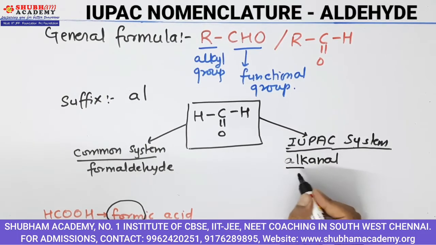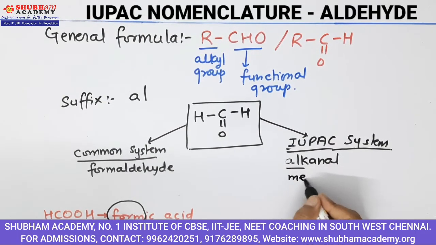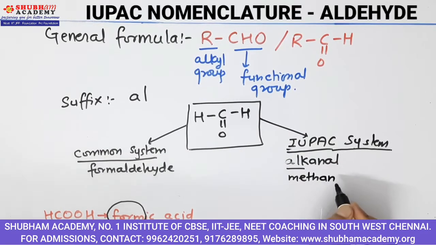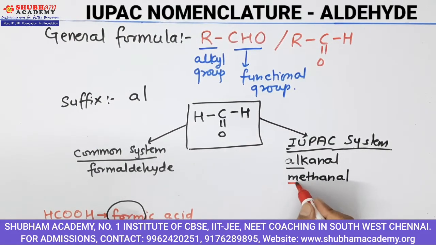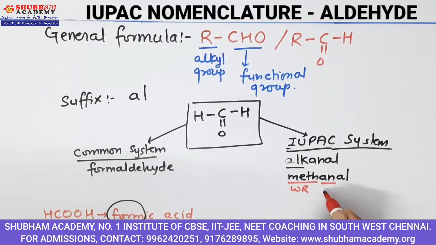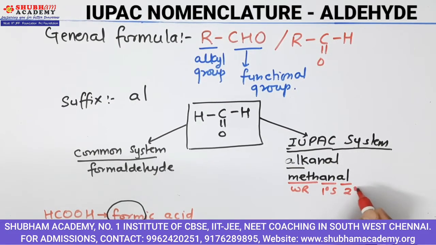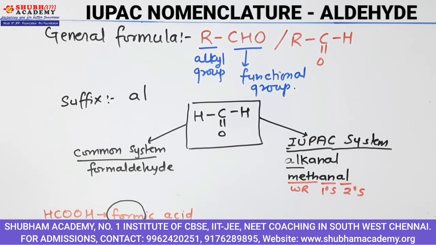What is alk here? One carbon atom. So meth. Whenever meth, always an followed by al. So the complete name is methanal. Again, if you see here, meth is the word root, an is the primary suffix and al is the secondary suffix, right?